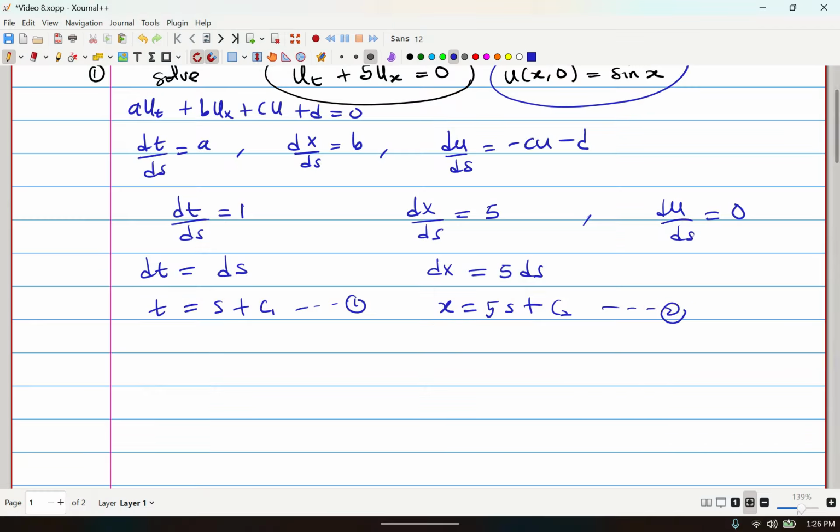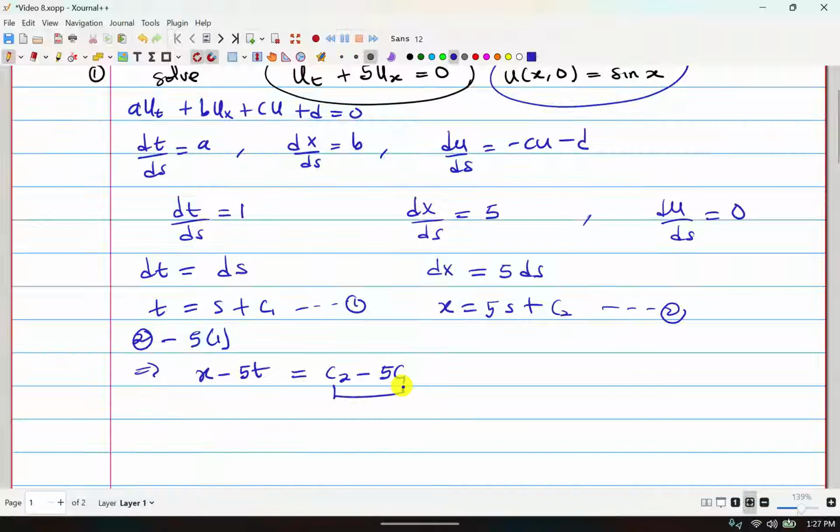So we want to do equation 2 minus 5 times equation 1. That would give us x minus 5t equal to 5s minus 5s, which gives us 0, and then you get c2 minus 5c1.